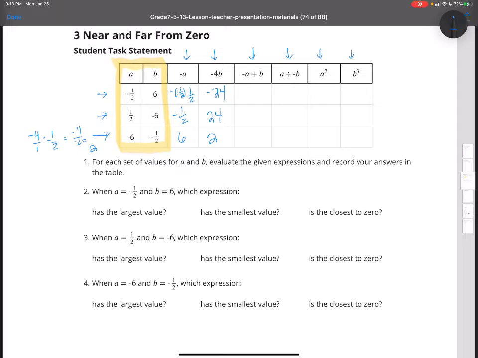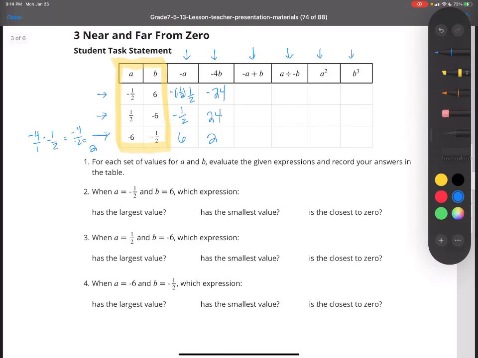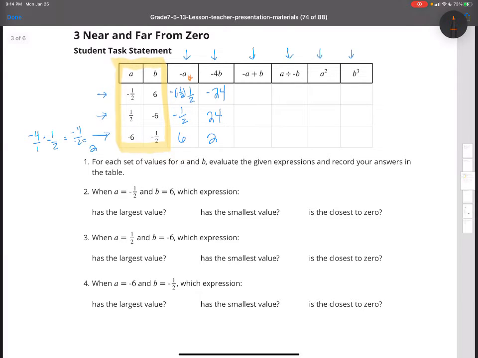Now moving on to the fifth column. They want us to combine negative A plus B. So I'm taking the value, and I'll put a star, of this column and this column, and I'm going to add them together. Notice that A comes first.